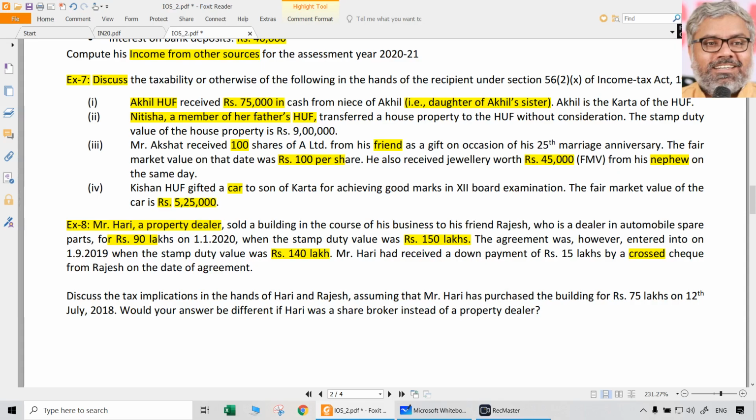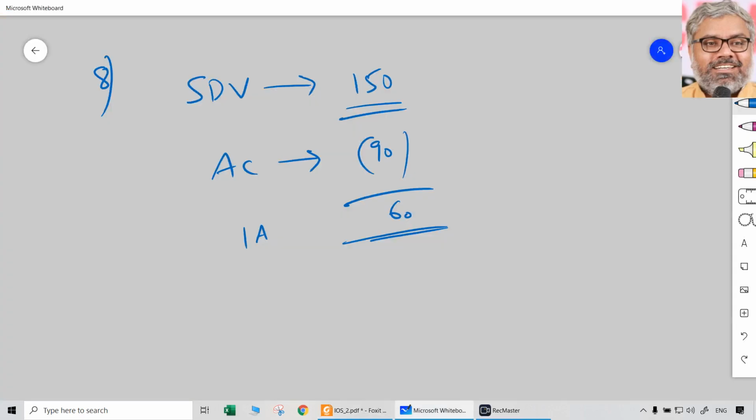So the question is, discuss the tax implications in the hands of Hari and Rajesh. Assuming that Mr. Hari has purchased the building for 75 lakhs on 12th of July 2018. Would your answer be different if Hari was a share broker instead of a property dealer? We'll come to that later. But first of all, both Hari and Rajesh, it is asking about tax implications. Whatever this 60 lakhs is, taxable for whom?